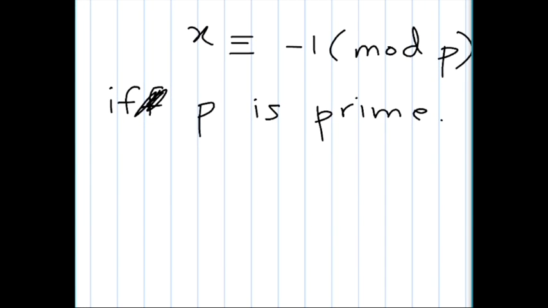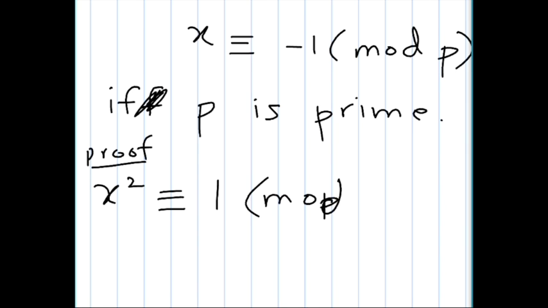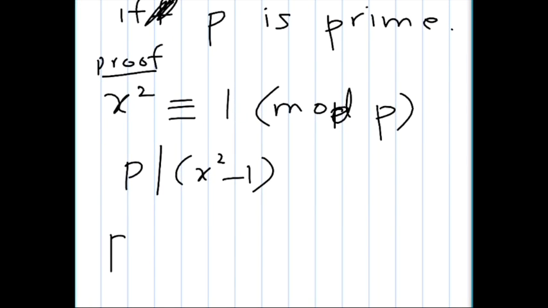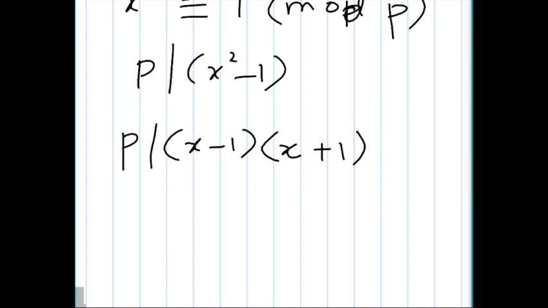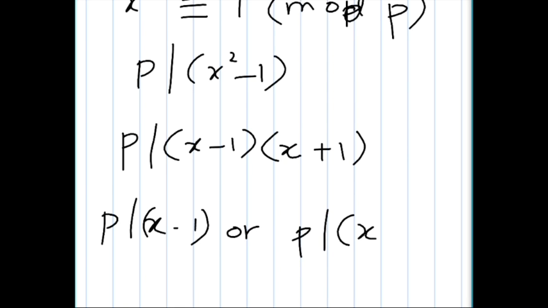So if we start with the proof: if x squared is congruent to 1 mod p, this means that p divides x squared minus 1, which means that p divides x minus 1 times x plus 1, which means p divides x minus 1 or p divides x plus 1.